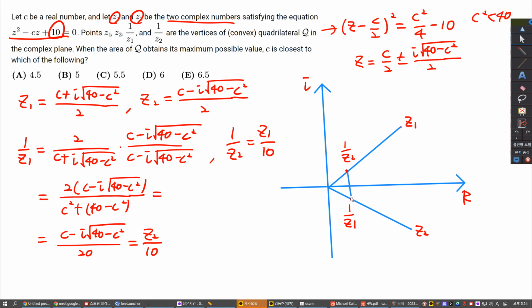So we can make this quadrilateral a trapezoid using these 4 points. The length of this base is the square root of 40 minus c squared, plus i minus i, so they make this 2 times.